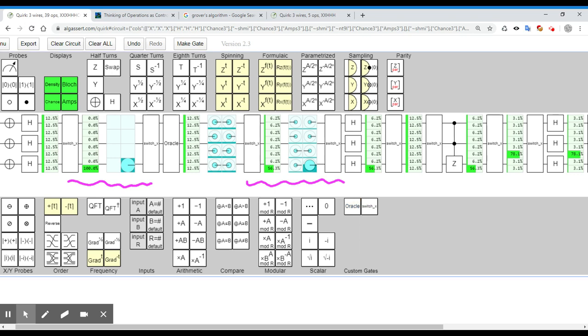It's kind of the opposite, really. Almost, because it almost feels like the 111, the minus minus minus, doesn't change the phase.